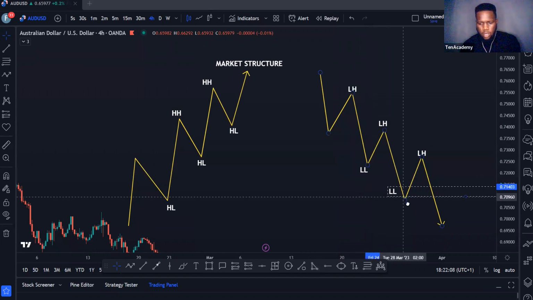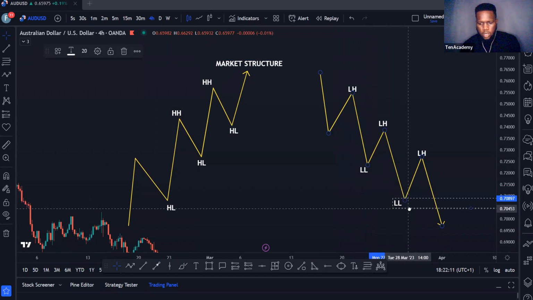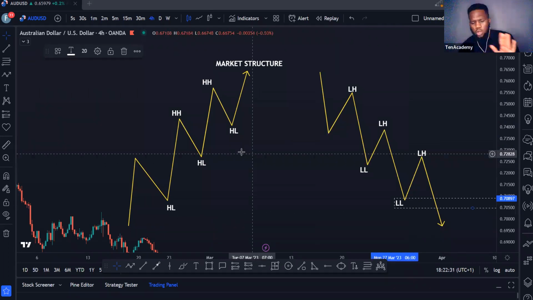So a downtrend is made up of lower lows and lower highs. In a downtrend, you want to be looking for sell opportunities. In an uptrend, you want to be looking for buy opportunities. Now, we all know this.